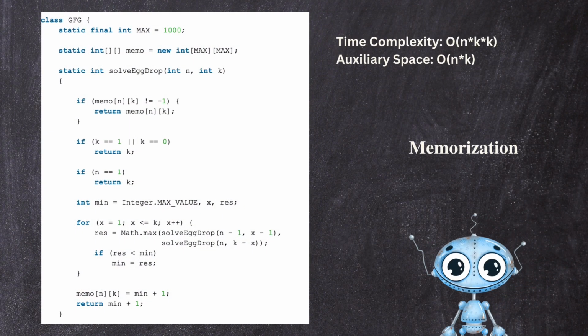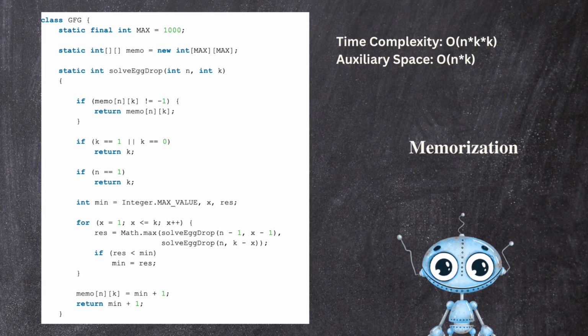Egg dropping puzzle using memoization. Follow the below steps to solve the problem. Declare a 2D array memo of size n+1 by k+1 and call the function solveEggDrop(n, k). If memo[n][k] was already computed, then return memo[n][k]. If k equals 1 or k equals 0, then return k, base case.